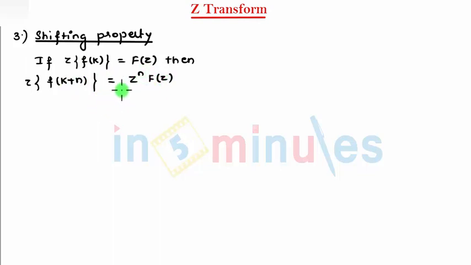There is an exponential term z raised to n F of z. In a similar way, if you say f of k minus n, then there will be a term z raised to minus n F of z. It takes the same sign of the n which there will be in the time domain. So that's my shifting property.